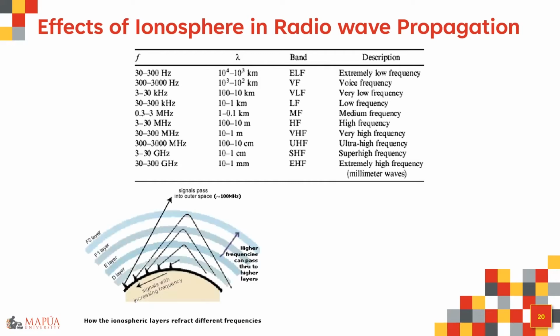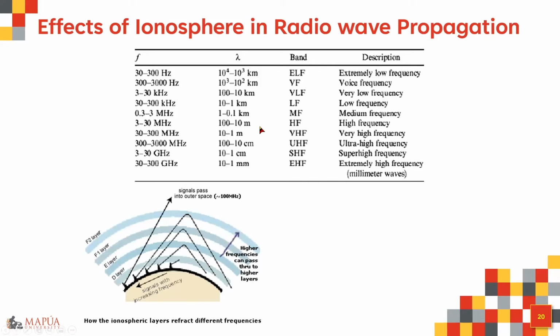For example, if we send signals at the lower frequency bands or longer wavelength bands, like HF, MF, down to ELF, at these frequencies the ionosphere is basically reflective. In other words, the ionosphere behaves as a mirror.